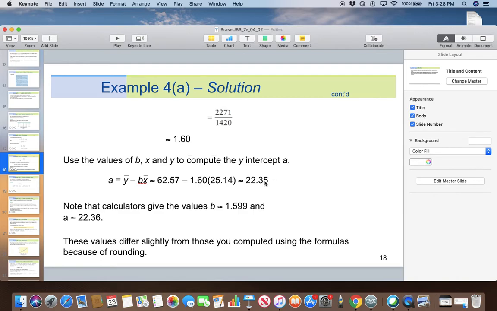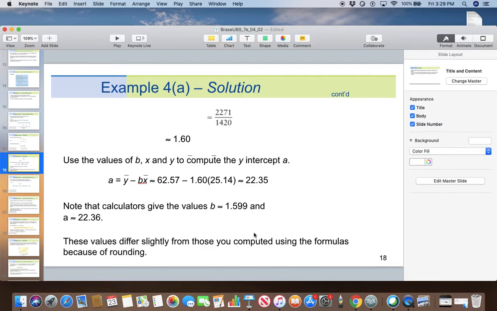Once you have a, note calculators give values approximately this for b, and a approximately this. These values differ slightly from those you computed using the formulas because of rounding.